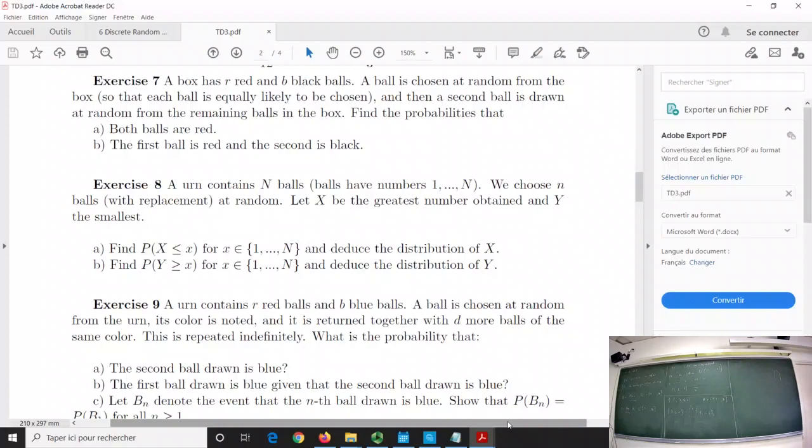Capital N is just the number of balls I have in my box. You choose small n times, so I choose small n times balls, and I want the result of each drawing to be less than small x. I have small n drawings and I want all of them less than small x.